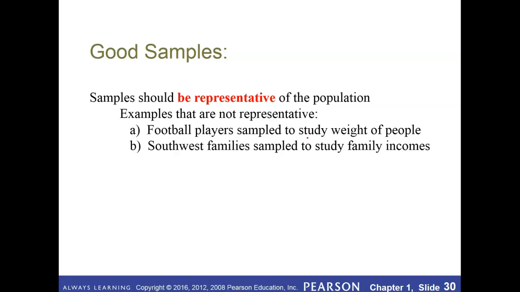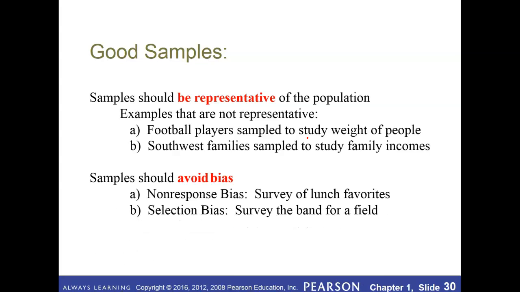That would not be a representative sample. We should also avoid bias. For example, if we wanted to figure out the favorite food in the cafeteria, we wouldn't go to a particular line like the sub line and ask everybody in that line, because there's probably going to be some bias towards the sub line in the cafeteria.